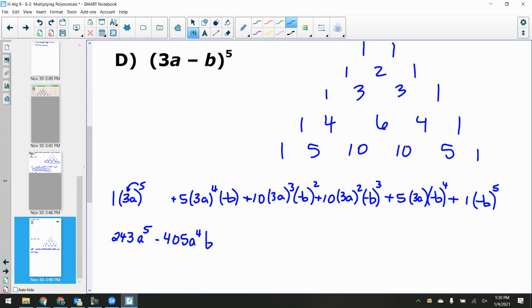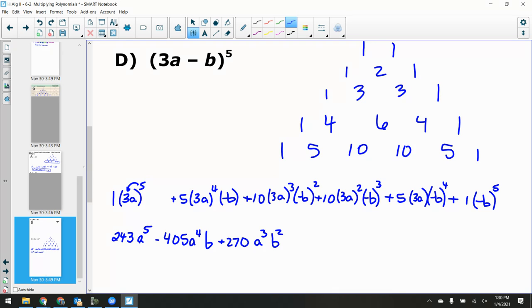Now, is the negative going to factor in here for my next term? No, because it's squared. The negative will cancel. So this is going to be 3 to the third, which is 27 times 10 is 270. A to the third b squared. The negative is going to play a role in this next term because it's raised to the third power.